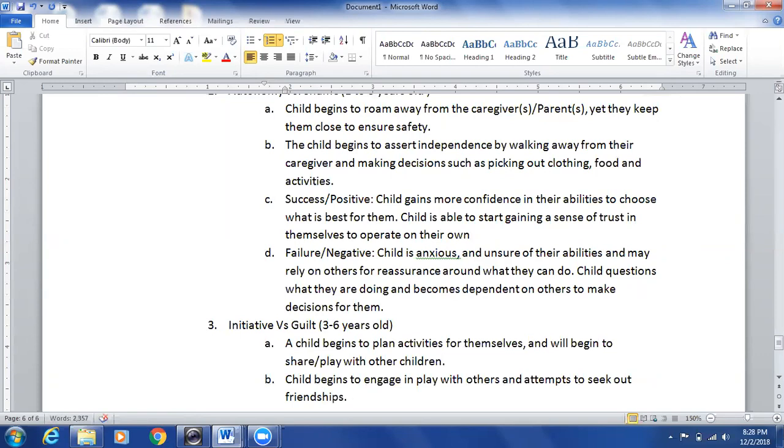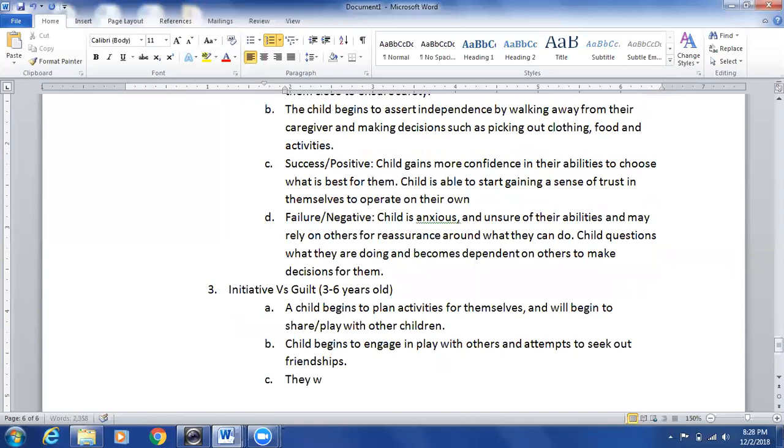So they're starting to get things going, and they will start completing tasks on their own, developing a sense of accomplishment.